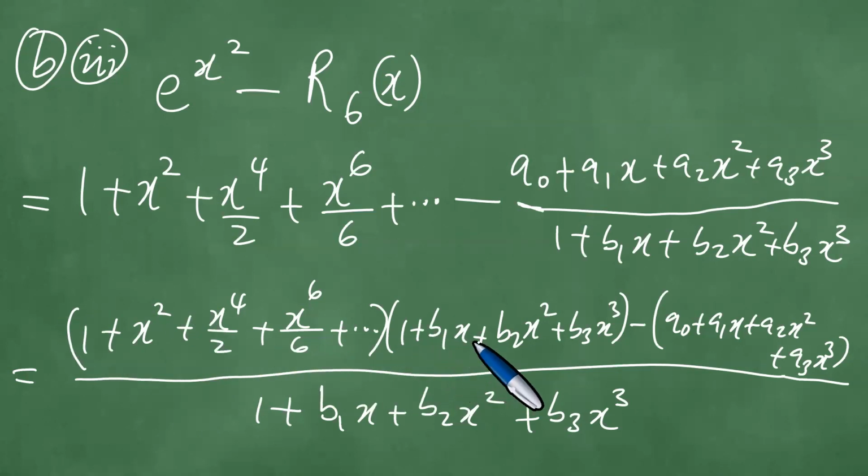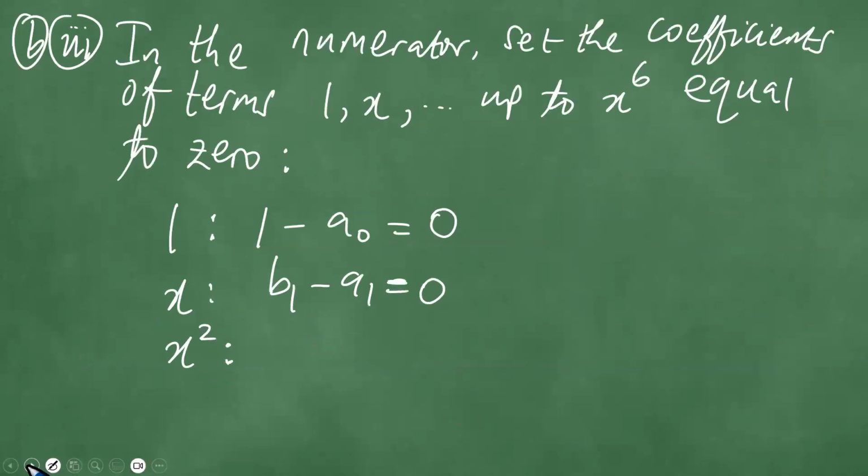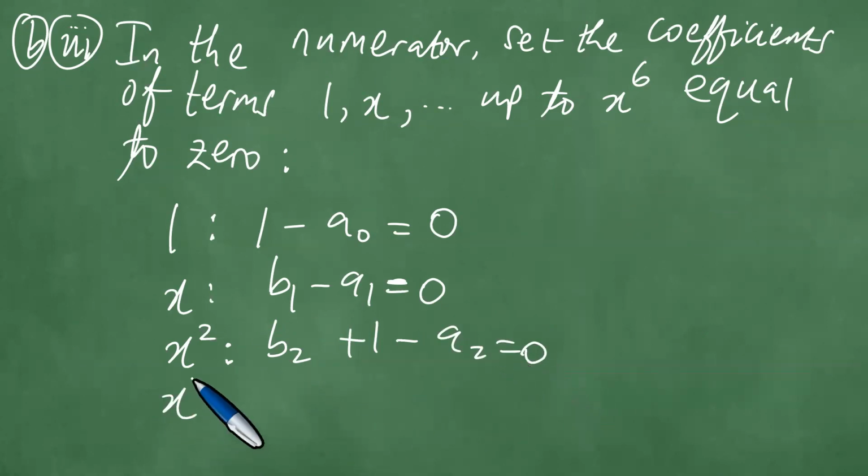Which means that you're going to have the b2 and also the 1. And then also there's going to be minus a2 x squared. So for the x squared, you're going to have b2 plus 1 minus a2 equals 0. X cubed.